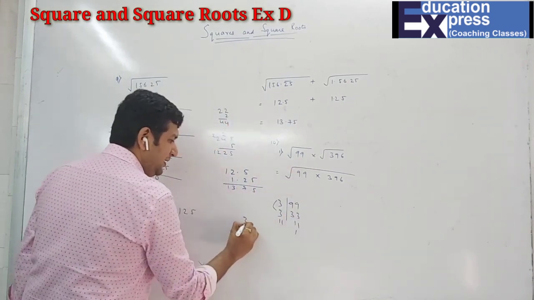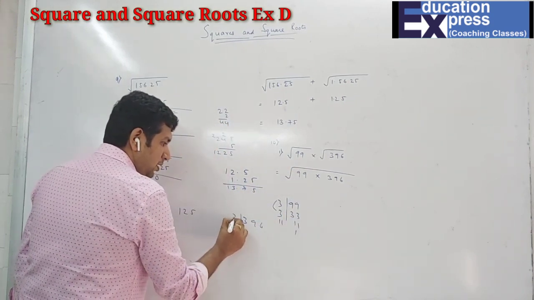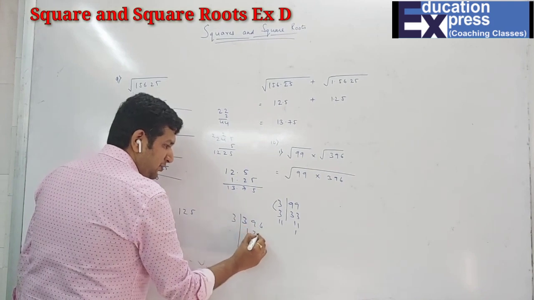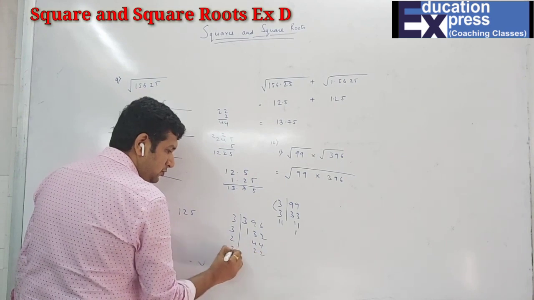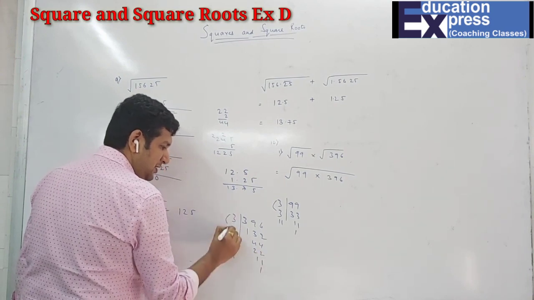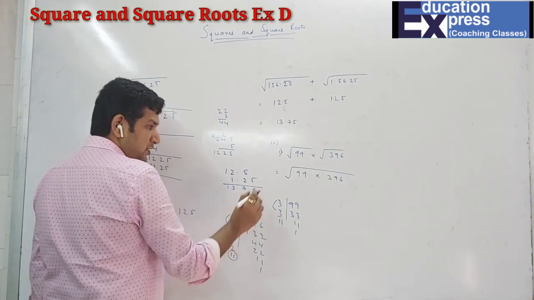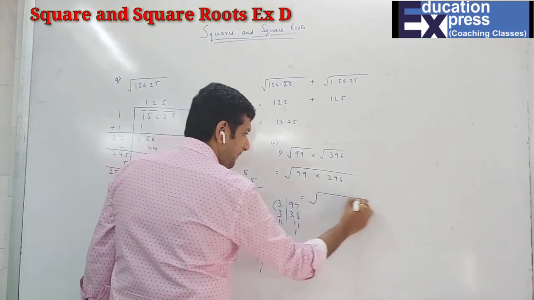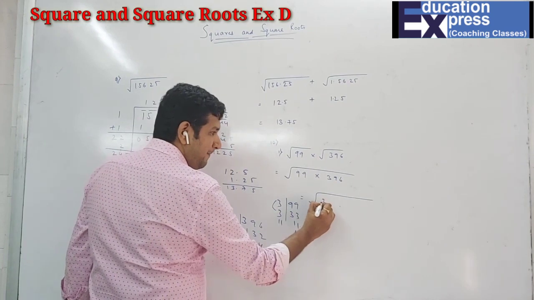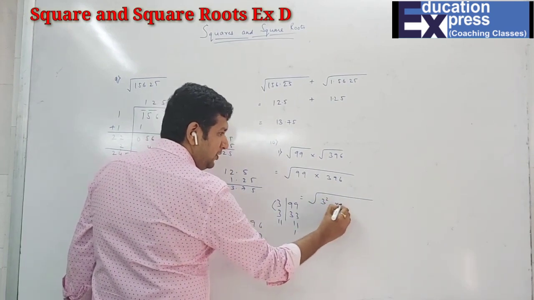And now 396. 3 ones are, 3 threes are, 3 twos are, 3 fours are, 2 twenty-twos are, 2 elevens are, 11 ones are. So 3 square, 2 square, and 1 11 is left. So now we'll club. 99's factors are what, students, over here? 3 square into 11.